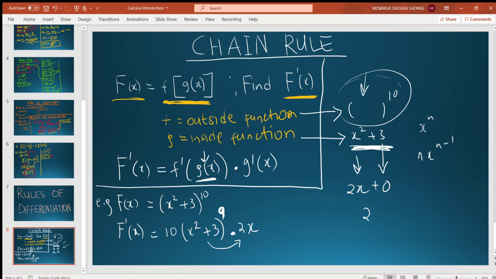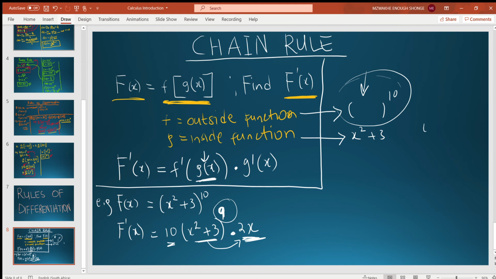So the final answer is 10 times x squared plus 3 to the exponent 9, times 2x. This is basically the chain rule: you take the derivative of the outside function, you work on it, and you multiply it by the derivative of the inside function.